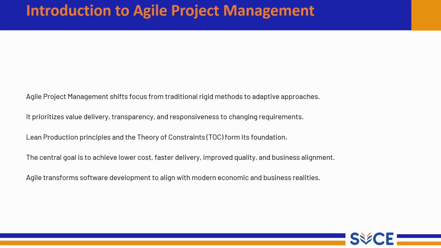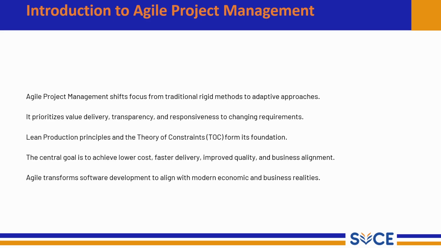It prioritizes value delivery, transparency, and responsiveness to changing requirements. Agile focuses on delivering value to customers as early as possible. It achieves this through transparency, where everyone knows the project status, and responsiveness, where the team can quickly adjust to new requirements or customer feedback.